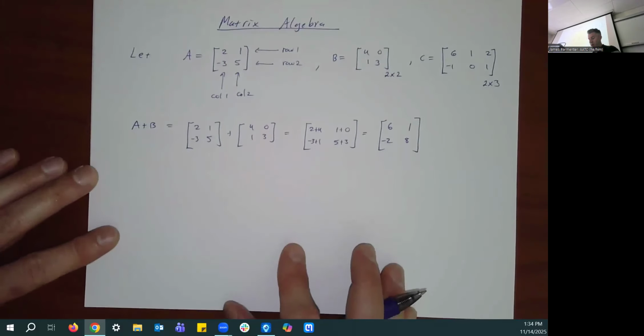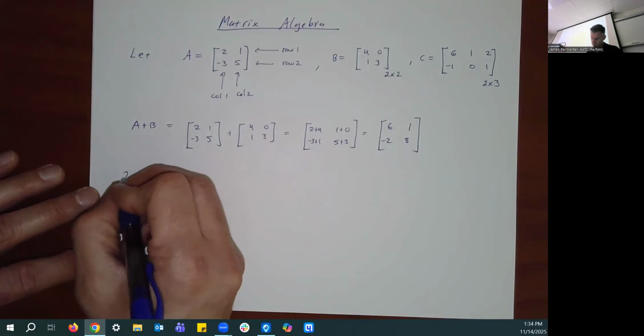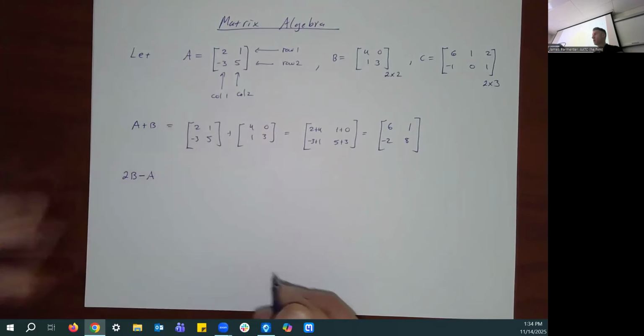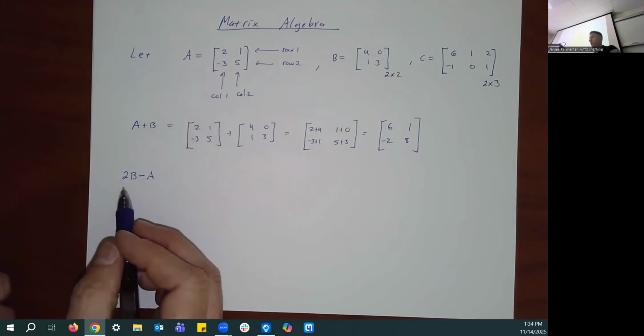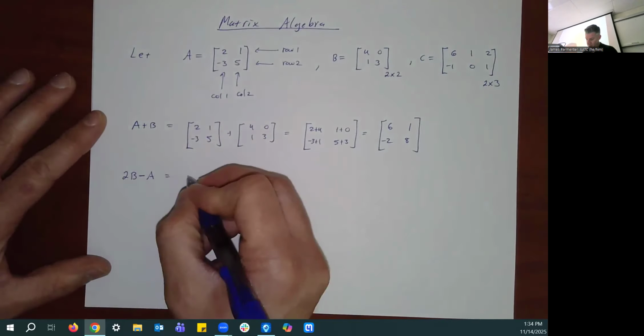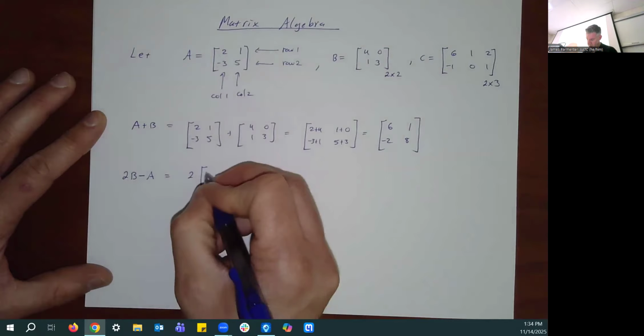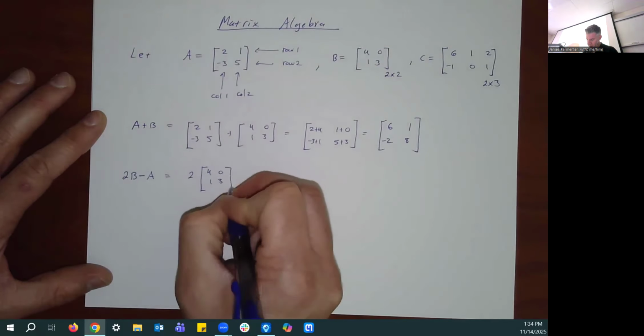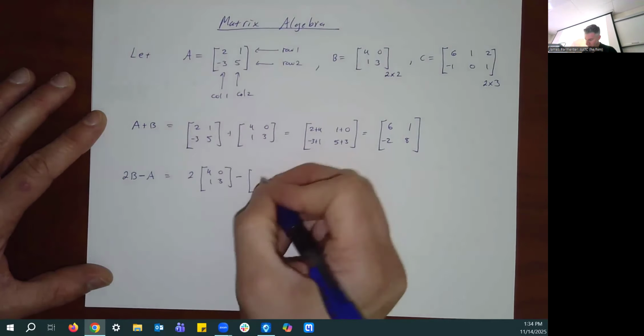Or if you wanted to find 2B minus A, well, when you multiply a matrix by a constant, just like when you multiply a vector by a constant, you just multiply all the components by that constant, or that scalar is another word we use for that. So here it's going to be 2 times the matrix B, 4, 0, 1, 3, minus the matrix A, which is 2, 1, negative 3, 5.